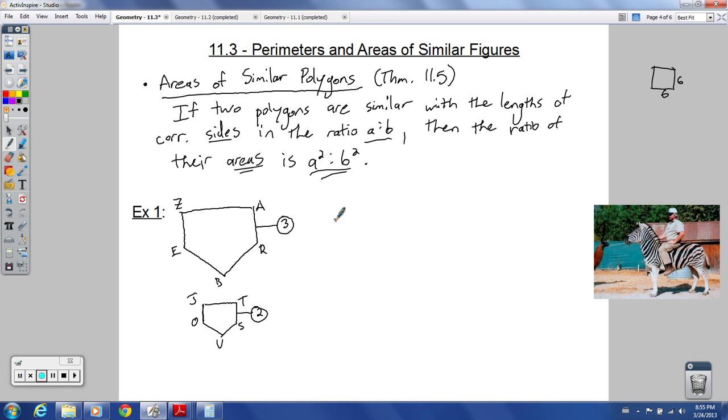But for this one, let's assume that the two shapes are actually similar.